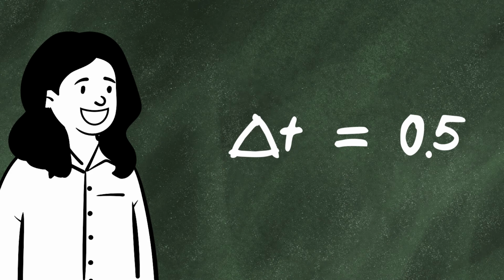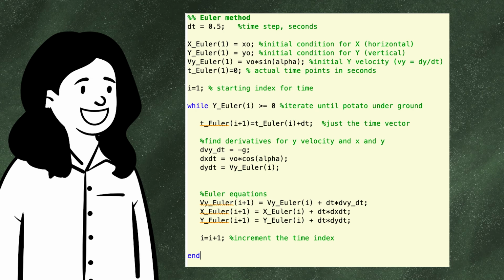We initialize our x and y with our initial conditions, and we are now ready to iterate. Here I'm using a while loop in Matlab to iterate, which will end whenever the y value becomes negative, again indicating that the potato must have hit the ground. In this Euler solution, I'm actually using the Euler method to solve for the velocity in the y direction based on the change in velocity being the acceleration due to gravity.